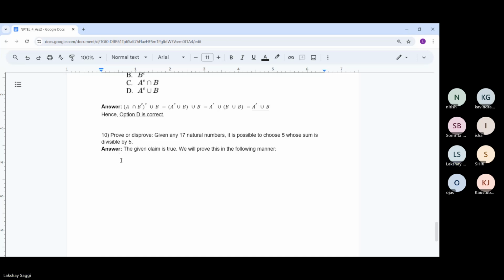So we are given any 17 natural numbers, right? So what we do is divide these 17 numbers into 5. So let's assume S equals the given set of natural numbers.